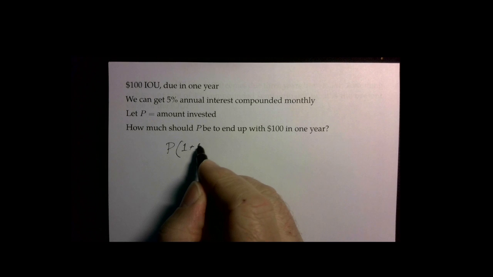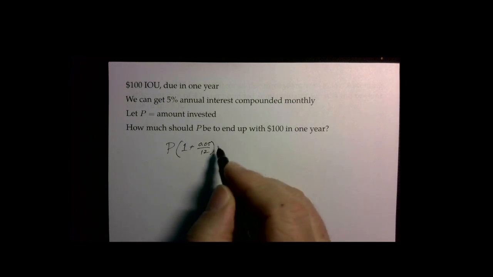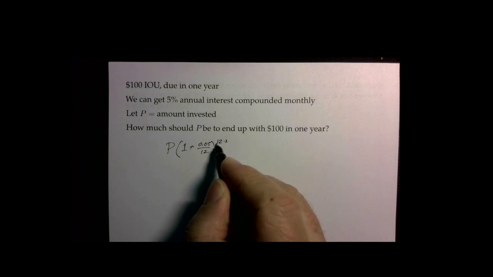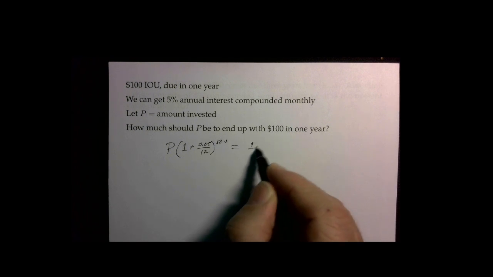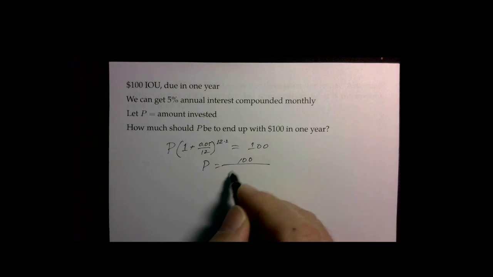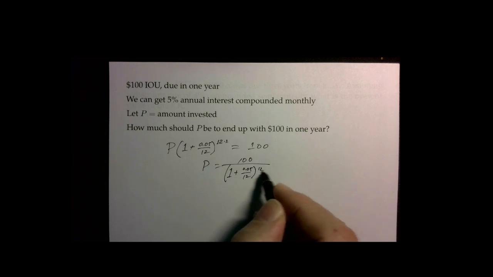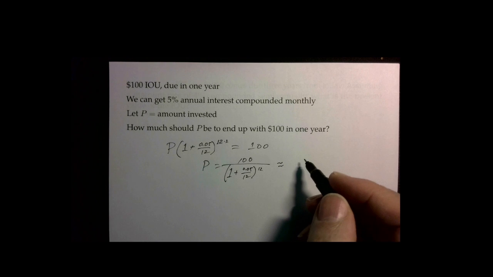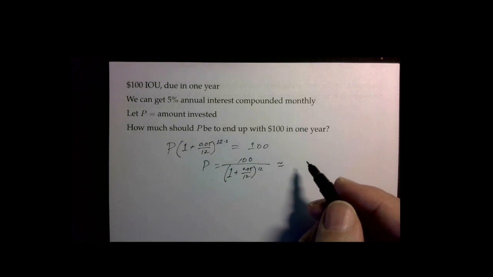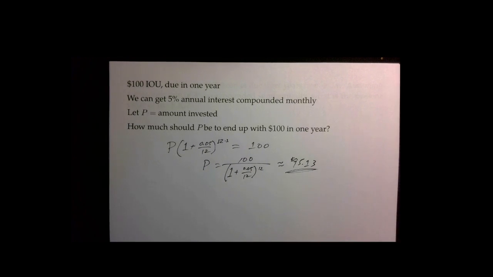It would be, as you know, P times 1 plus 0.05 over 12, to the 12 times 1. And we would need that to be $100. So P would be 100 over that thing. And if you take out your calculator and work a little while, that turns out to be about 95.13, just a little less than the simple interest case, because of course you can make more money when you compound.